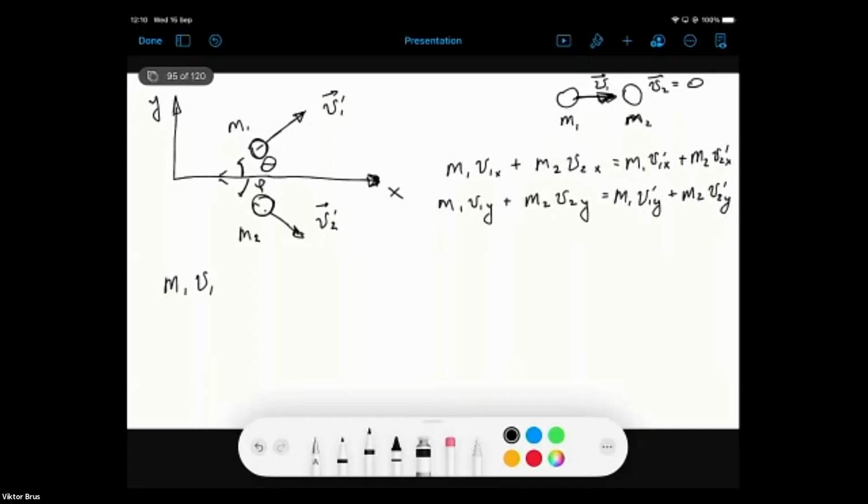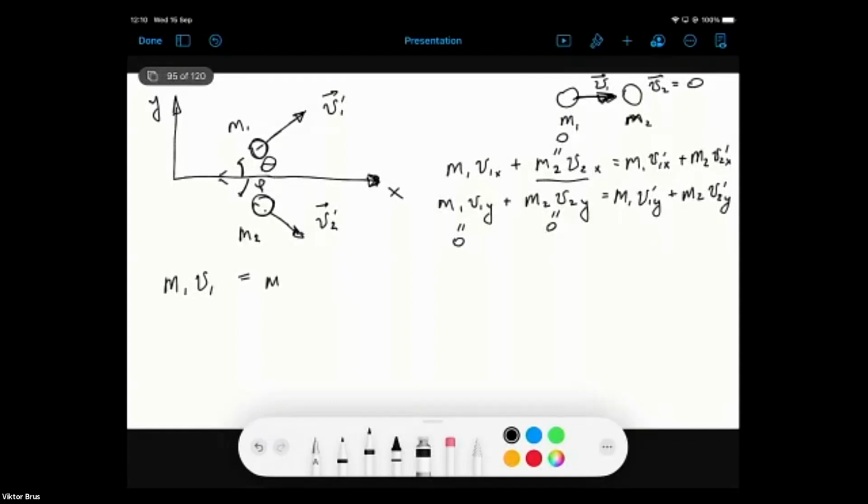Then the second component is the initial velocity of body M2 along axis x, and that is 0 because it doesn't move in any direction. So we have nothing there. Here it equals 0, and here it also equals 0 because we don't have any component of initial velocity v1 along axis y.